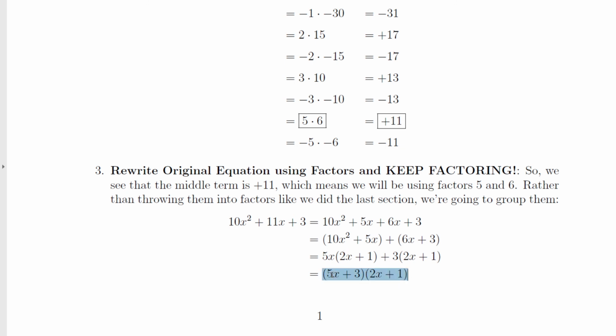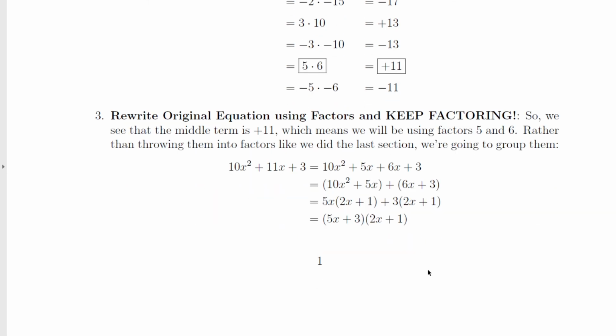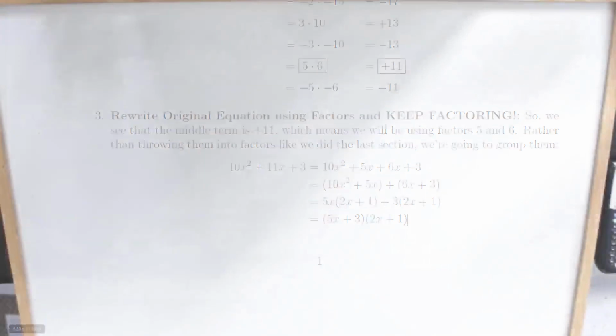So this is ultimately what our final answer turns into. I know that's a lot. Let's go ahead and go through some examples, so hopefully you can see how this works in a few other cases.